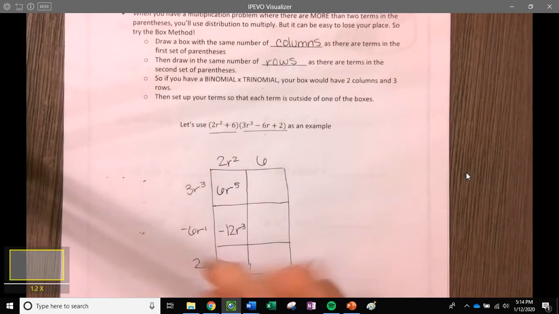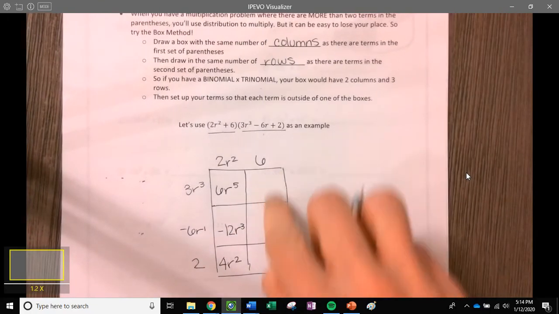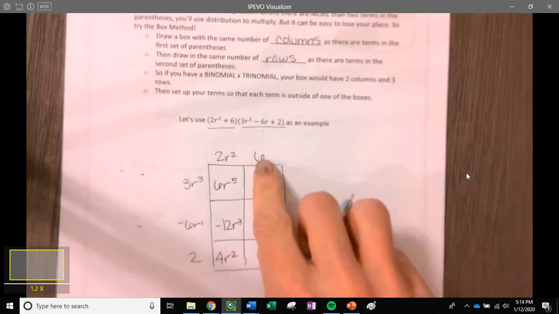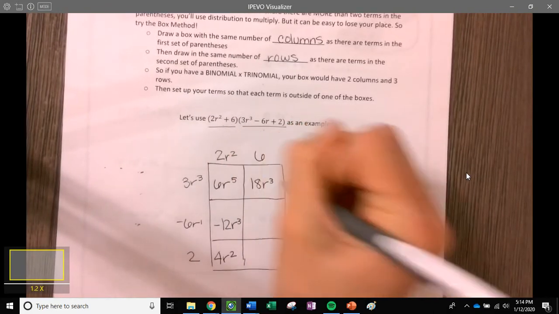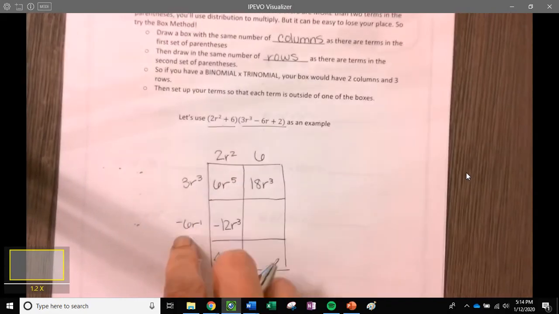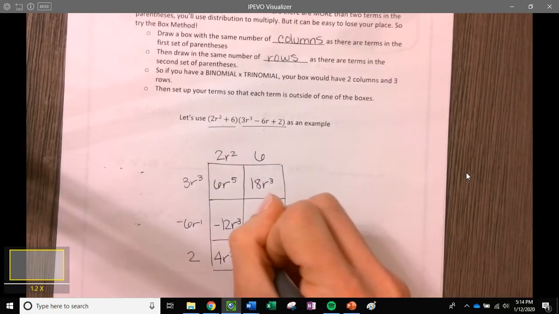And 2r squared times 2 is 4r squared. Now we're going to do the same thing down this column. 6 times 3r cubed gives me 18r cubed. 6 times negative 6r gives me negative 36r. And then 6 times 2, good old 12.